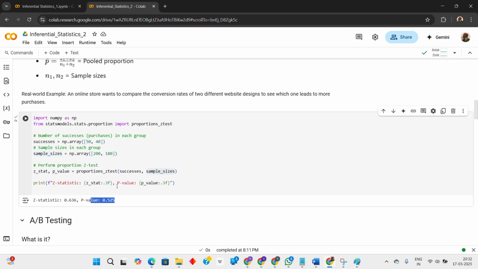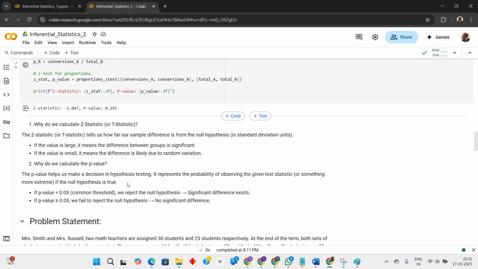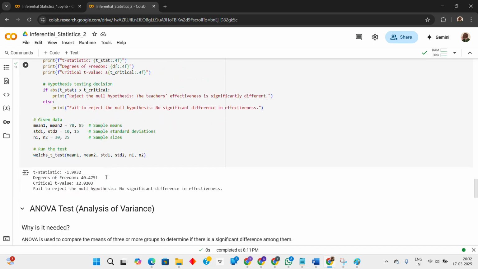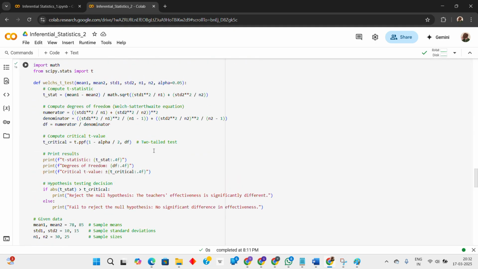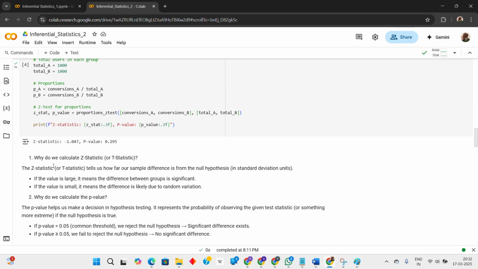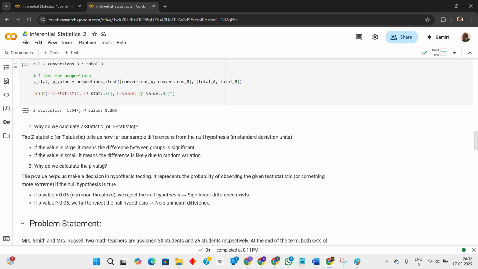What does this p value really help us with? Here I provided a simple explanation. Why do we calculate the z test statistic or t test statistic and the p value? The z statistic means we are comparing proportions, and the t statistic means we are comparing means of groups.